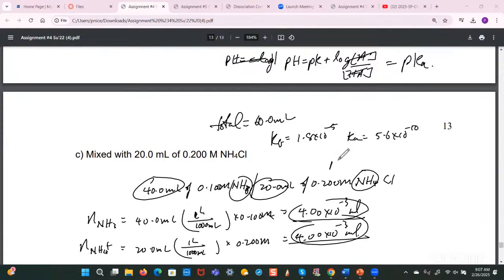So the pKa is equal to minus log of 5.6 times 10 to the minus 10, which I think we did already. What was it? I'll do it anyway. 9.25. So this would be equal to the pH of the solution, and that answers that question.